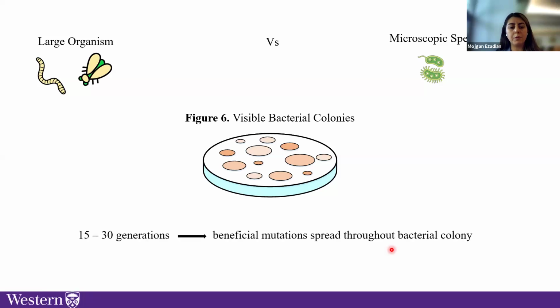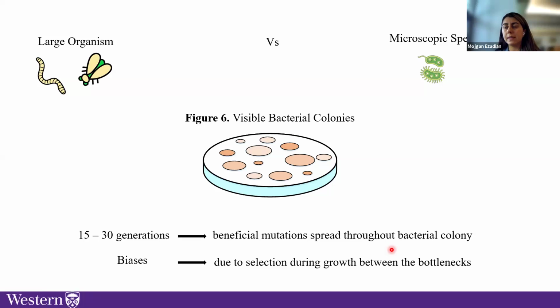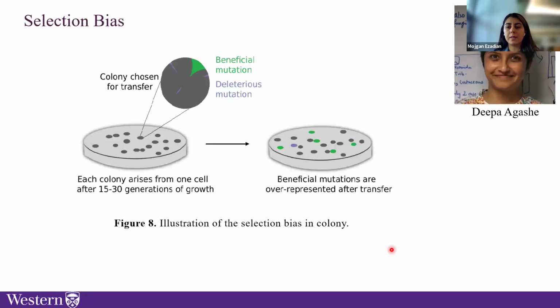For bacteria, between 13 to 15 generations provide enough time for beneficial mutations to spread throughout the bacterial colony. And even if we only select 1 individual at random, biases are introduced due to the selection during the growth between the bottlenecks. In a study done by Deepa, our collaborator, they take a sample of individuals and add a lot of water to wash them, so the cells are far from each other.